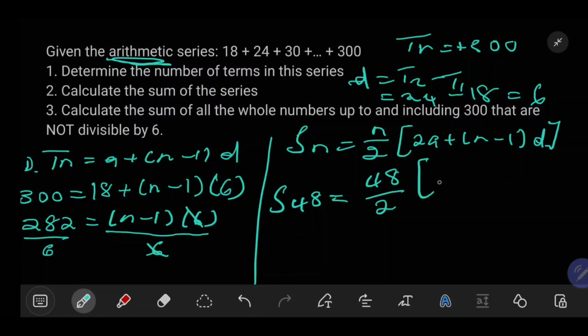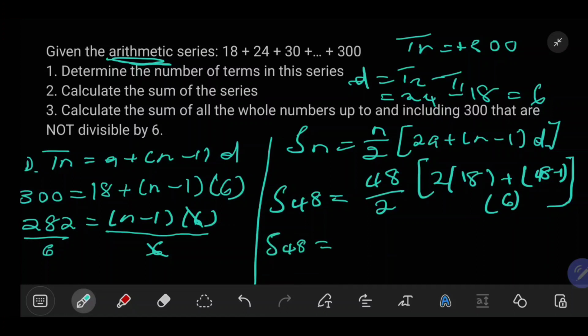Okay, and then 2, the first term here, it's 18 plus our n value is 48 minus 1. Then our difference here, it's positive 6. Okay, so the sum for 48 terms is equals to, we can choose to simplify, and then we have 24.